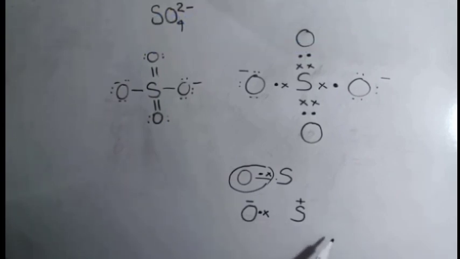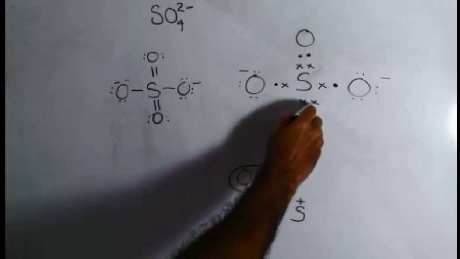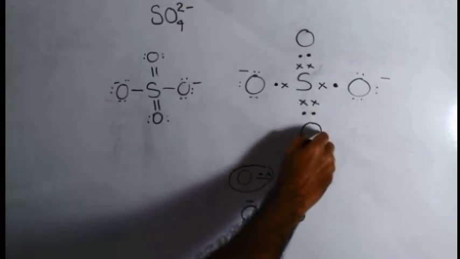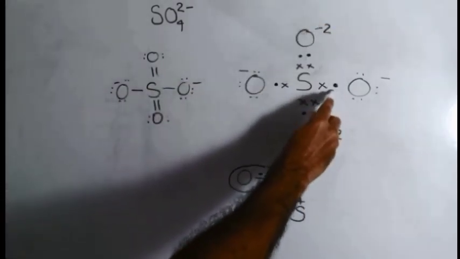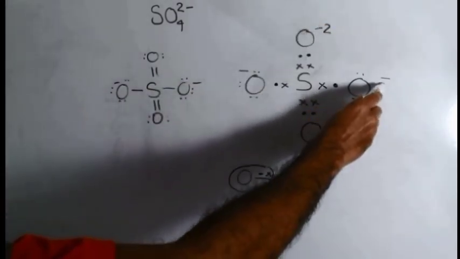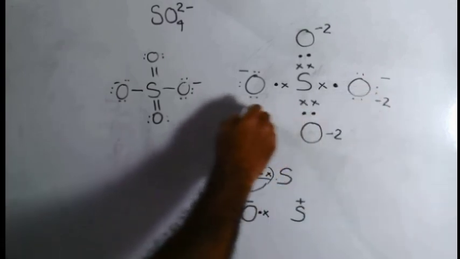So if it is a double bond, we have to consider twice, either 2 negative charges or 2 positive charges. So if we consider here, oxygen has gained 2 extra electrons, minus 2, minus 2. Here 1 electron, but oxygen already has a negative charge, so again minus 2.